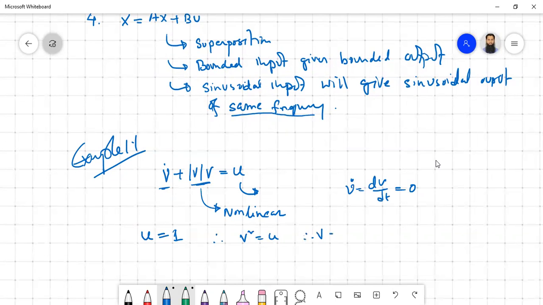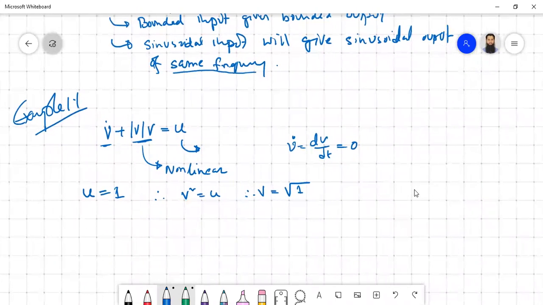So v will be root 1. For a unit step signal applied for, say, 5 seconds, in the response we are going to see something like this.